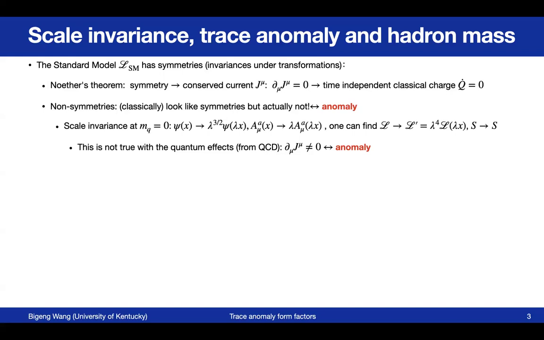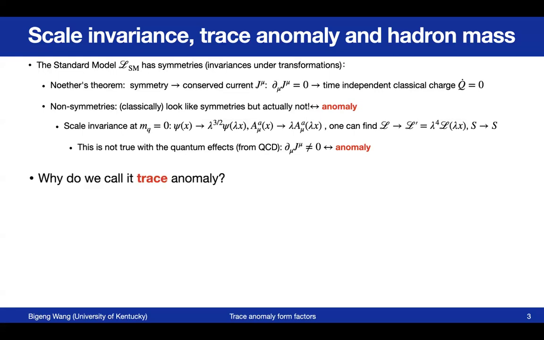But if we redefine the variables, then the action is not changed by such a transformation. So in principle, there should be a conserved current associated with it. But this is not true with quantum effects. Here I'm looking at QCD, and the divergence of this Noether current associated with the scale transformation is not zero. That's the anomaly we're talking about here.